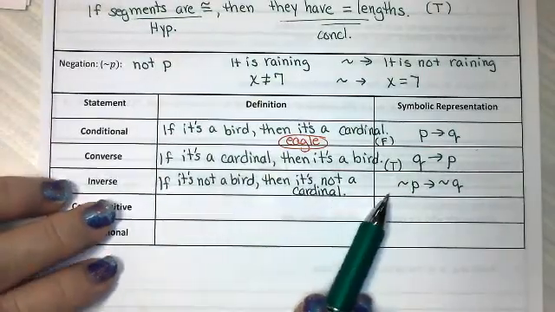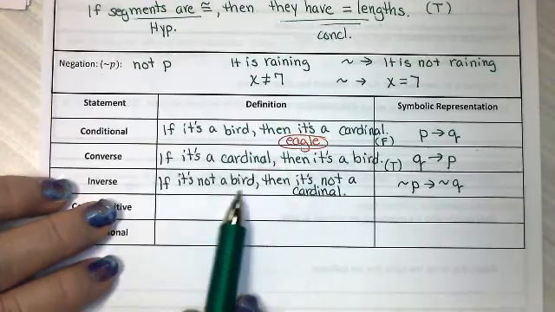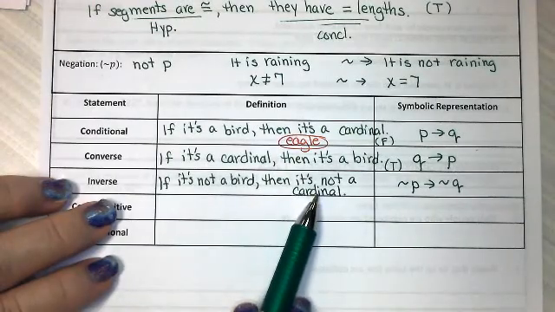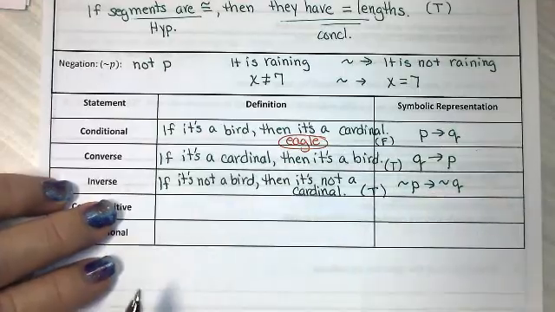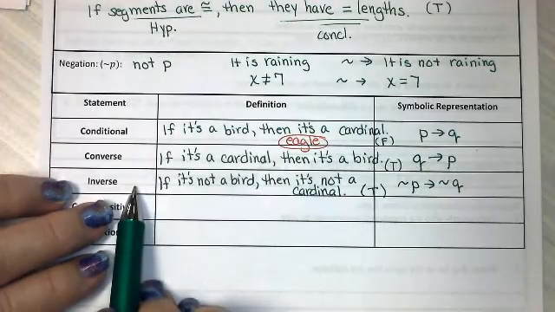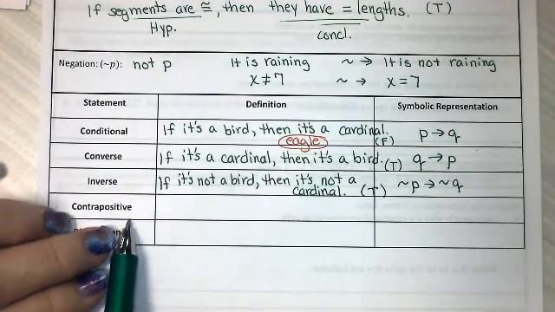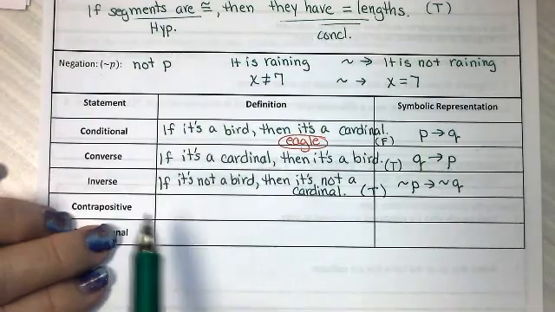So that kind of switches things around a little bit. If it's not a bird, then it's not a cardinal. Well, that's true. It can't be a cardinal if it's not a bird. That's the inverse statement.